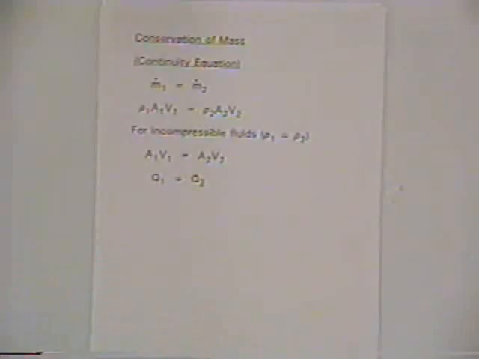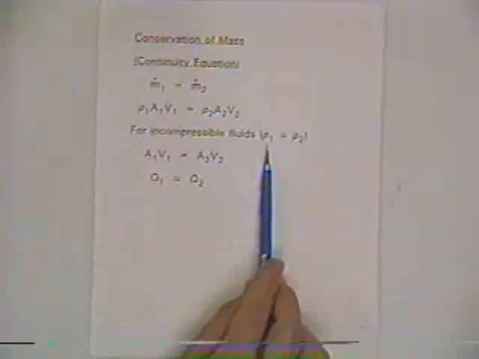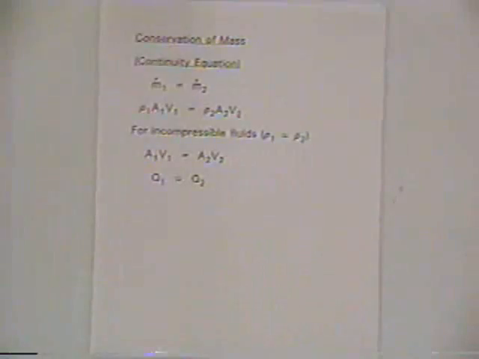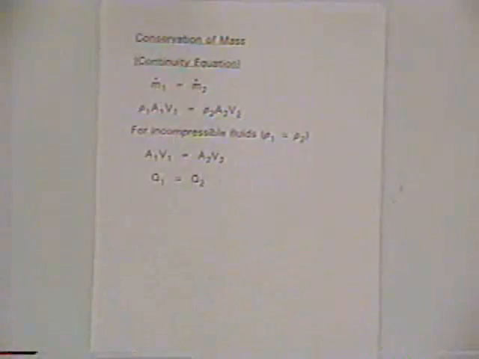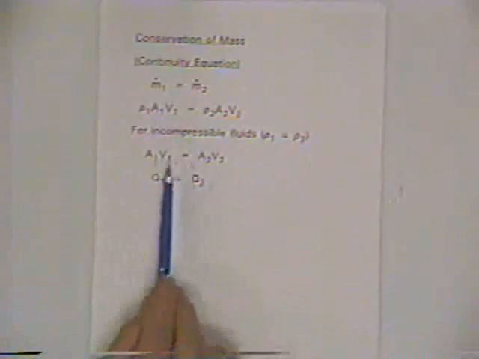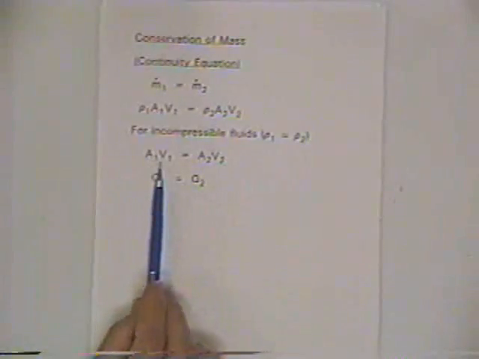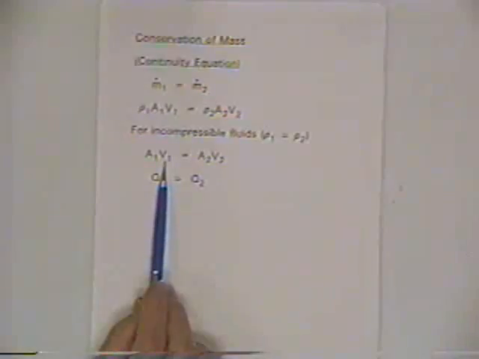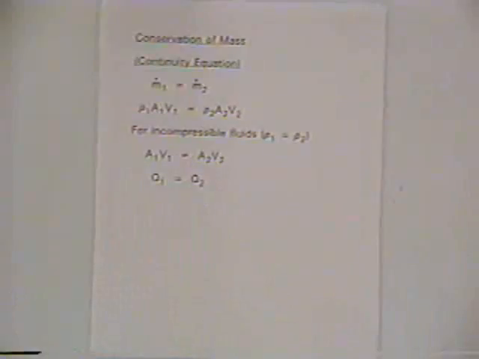And for incompressible fluids, and in most applications, of course, gases are very compressible. The densities change with pressure. But for most engineering applications of liquids, we assume incompressible fluids. The densities are constant with pressure. And so with rho 1 and rho 2 being the same, we can divide those out, and we can write the equation as the cross-sectional area of flow times mean velocity through that cross-sectional area coming into the control volume is equal to the same thing going out.